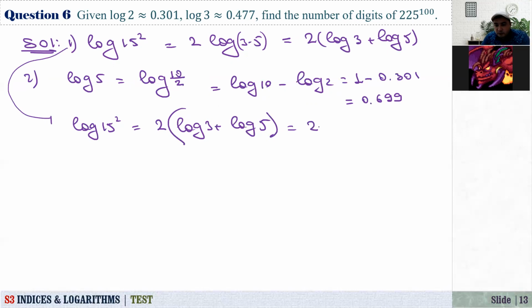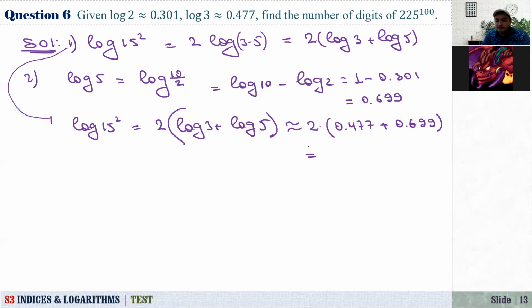That's equal to 2 times, what is log 3? Log 3 is 0.477. I can just write here, it is approximately equal to 2 times, plus what is log 5? That is 0.699. So that is 2 times 0.477 plus 0.699.